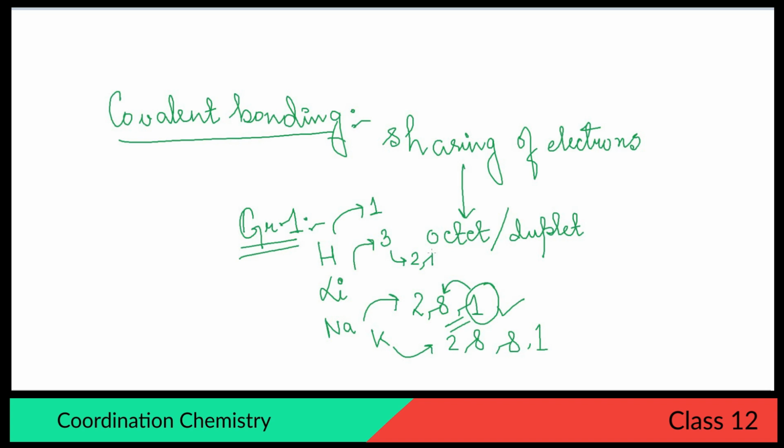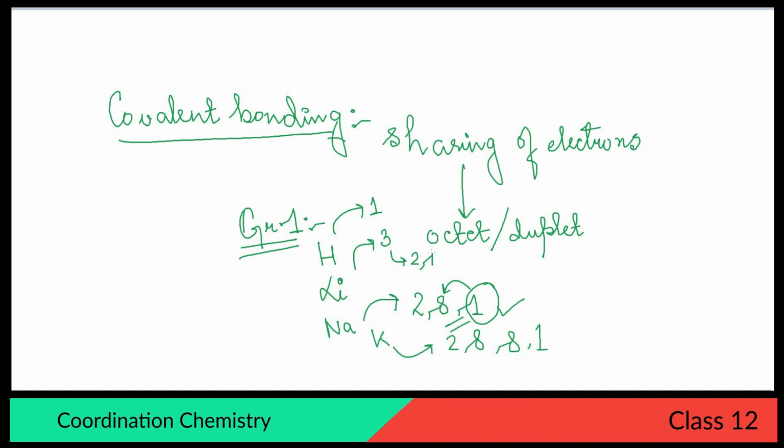But to be very clear about it, since the number of species that would attain the duplet rule is limited, for example, lithium, then you have beryllium, boron, since it is restricted to these three elements, that's why I have not mentioned it in the electrovalent bond section, but that doesn't mean it is not going to happen.